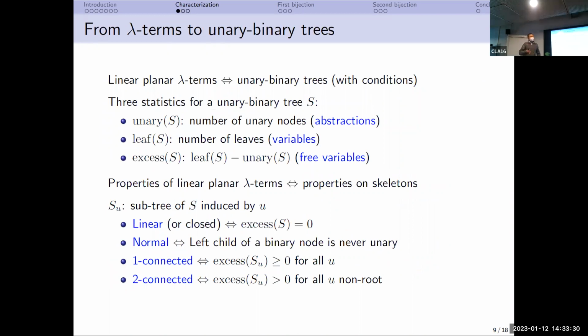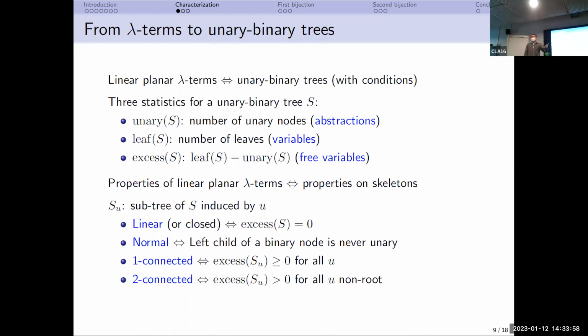But just before that, we need some basic notions for these bijections. We have mentioned at the beginning that I'm going to just look at the skeleton, which are unary binary trees, with some conditions that I'm going to detail now. And for these unary binary trees, I will define three statistics. The first one is the number of the unary nodes in the tree that I denote by unary.